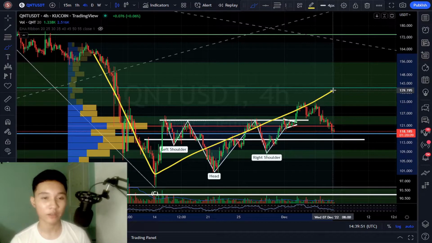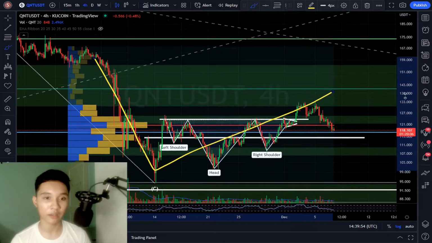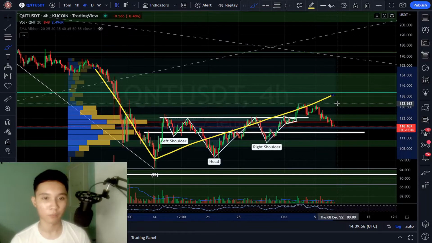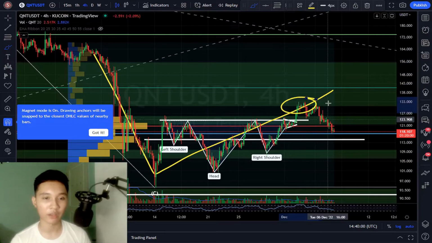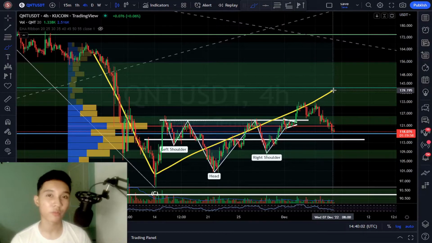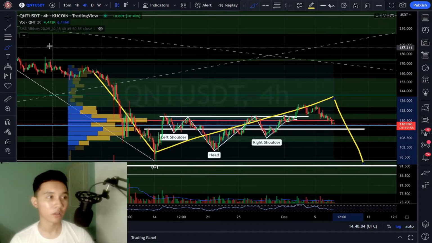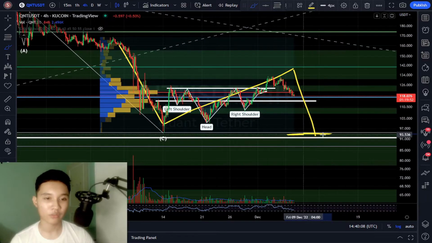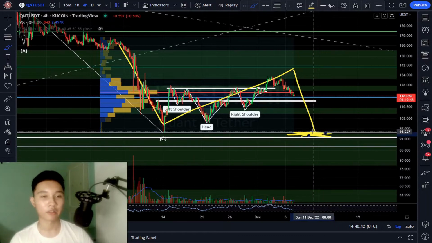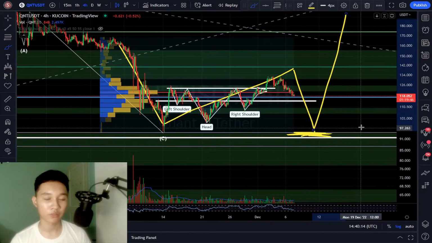And if that's the case, there's a chance this could be the end of this corrective wave, and now we're going to be continuing our move to the downside, basically giving us one more final leg to the downside, and maybe marking the bottom right there, then continuing back up. That's basically the other scenario.